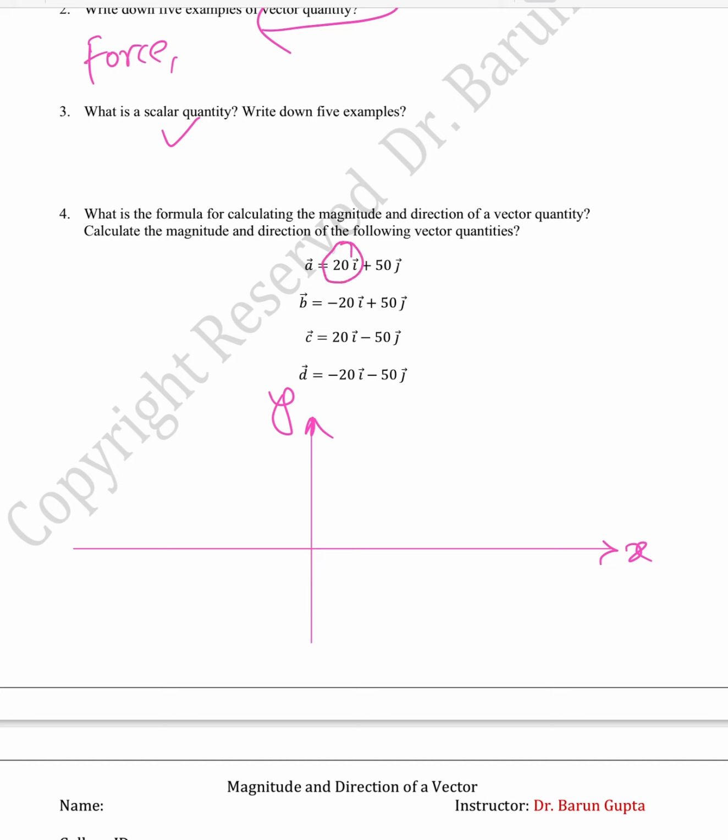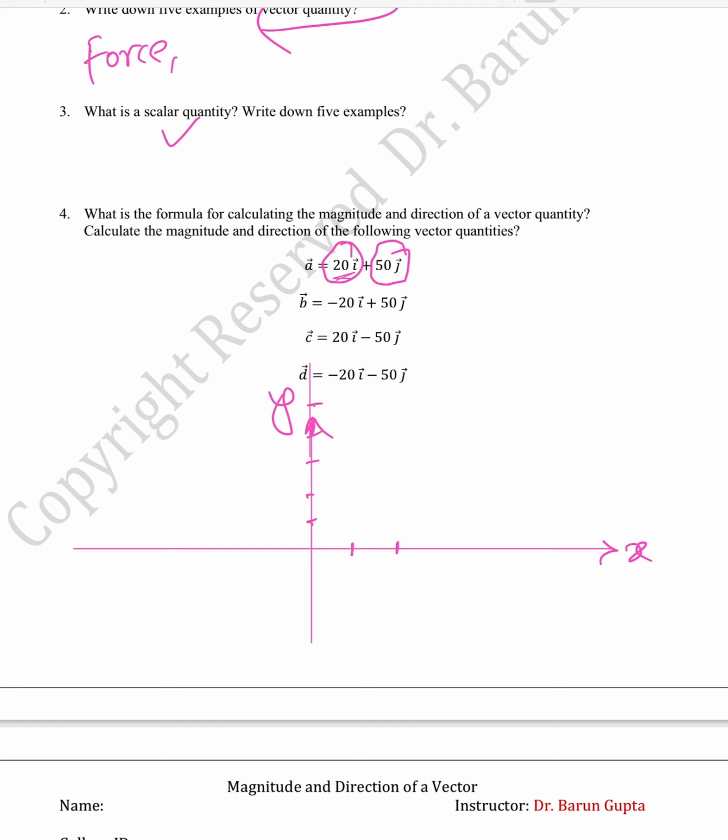What this means is you have to move 20 units along the x-axis. This is 10, this is 10, this is my 20 units here. And then along the y-axis I have to move 50 units: 10, 20, 30, 40, 50, somewhere here.